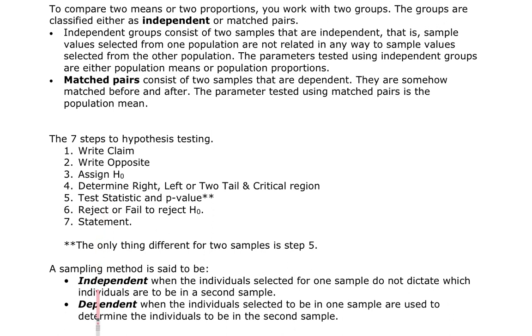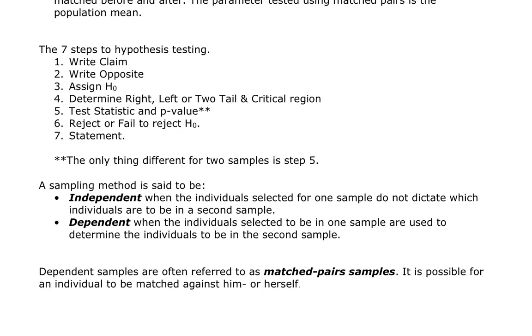The sampling method is said to be independent when the individuals selected for one sample do not dictate which individuals are to be in the second sample. Dependent, again, when we talked about the matched pairs, is when the individuals selected in one sample are used to determine the individuals in the second sample, or the individuals in the first sample have some sort of effect on the second set of individuals.